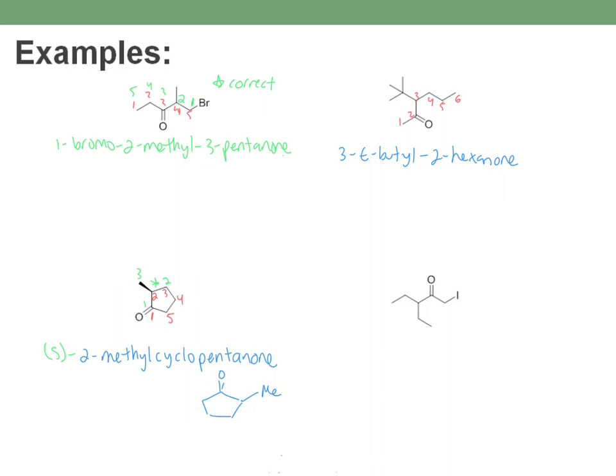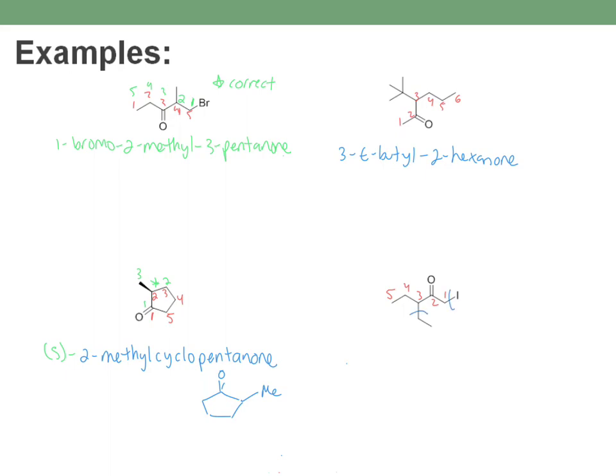And then with my last one real quick here, definitely the ketone's hanging out more to the right-hand side. So 1, 2, 3, 4, 5. So then if I take a look at this, right, I have an iodo and I have an ethyl.